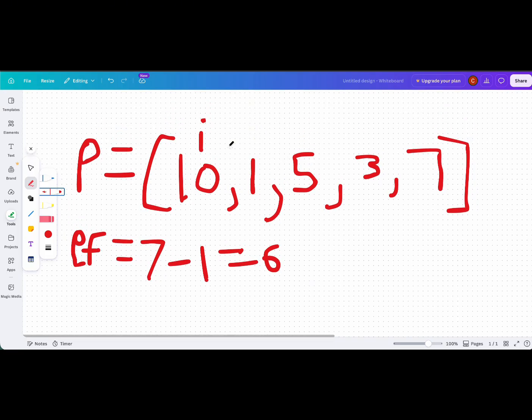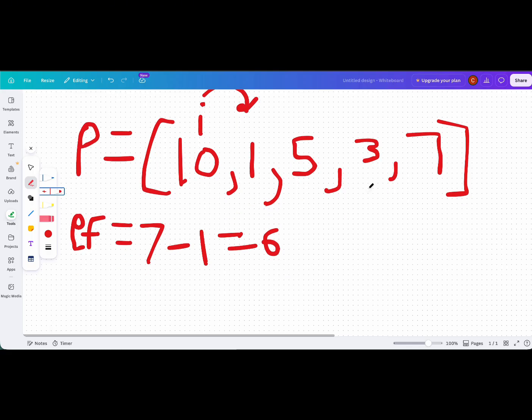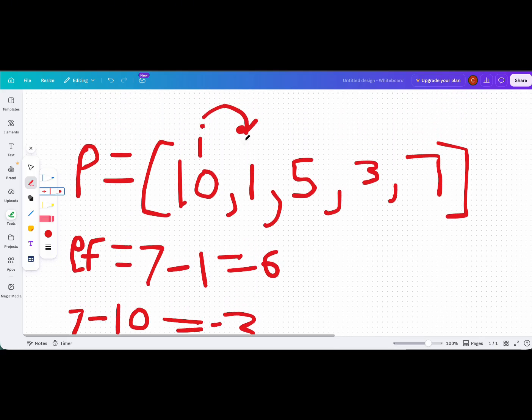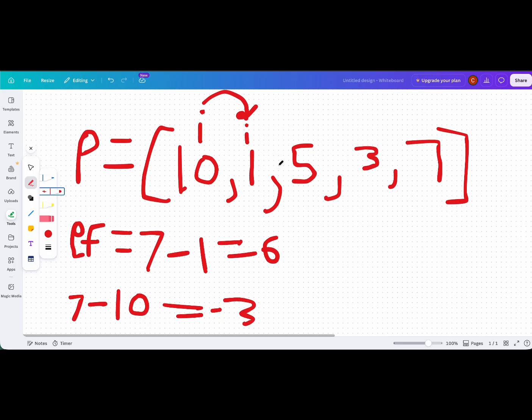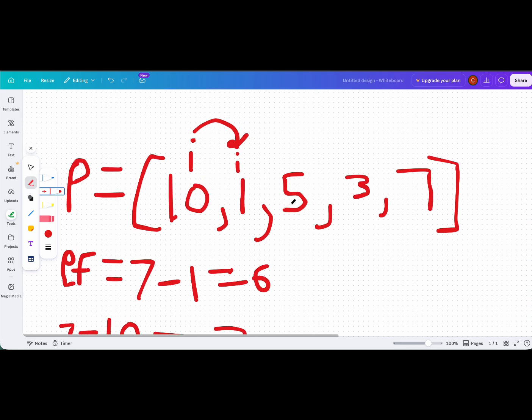And then we do the same thing for this. So if we're here, we would take 7 minus 10 equals -3. That's the biggest profit we could take if we bought at i, which is chopped. So we would have to move the i, and then we do the same thing over and over again. I think this is the optimal solution.